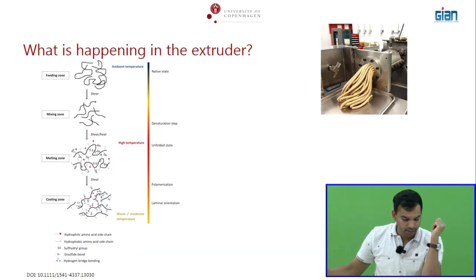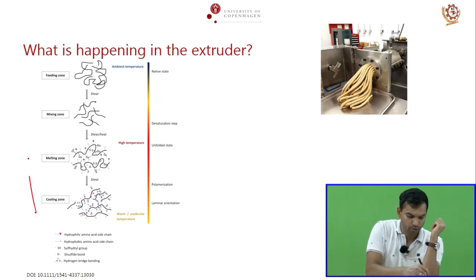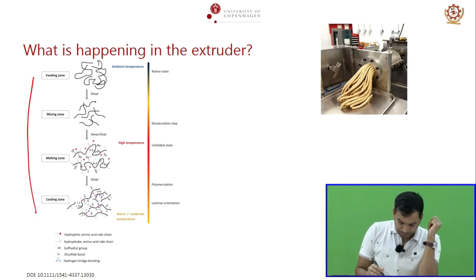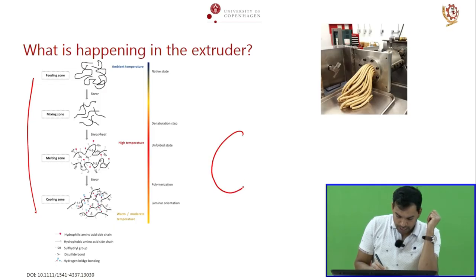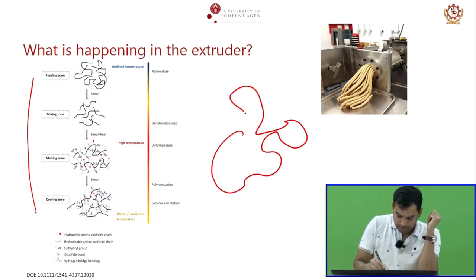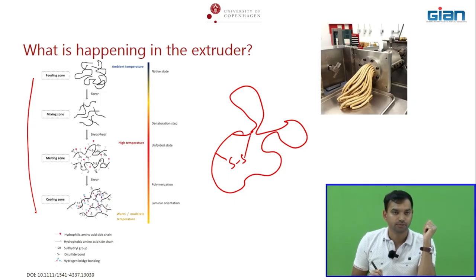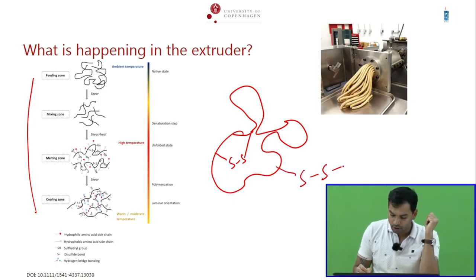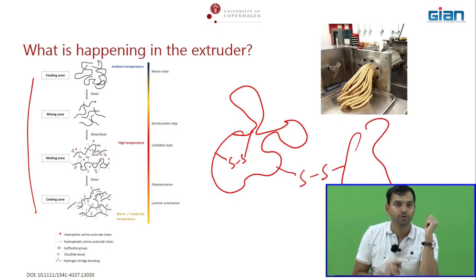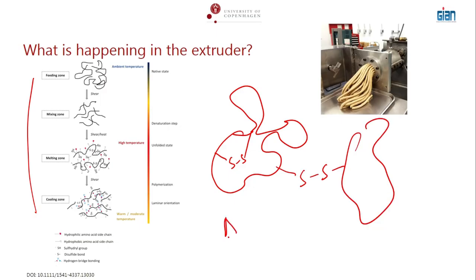I just talked a little bit about chemical cross-linking. You don't need to read this again. I'll just show you. The protein will have a three-dimensional structure like this one, and there will be intramolecular disulfide bonds, and there will be intermolecular disulfide bonds between two proteins, right? When you heat it at 180 degrees Celsius-ish, there is a possibility that these bonds can be broken because they can undergo oxidative modification, reductive modification, and so on.